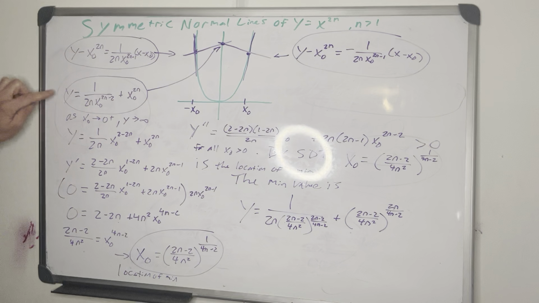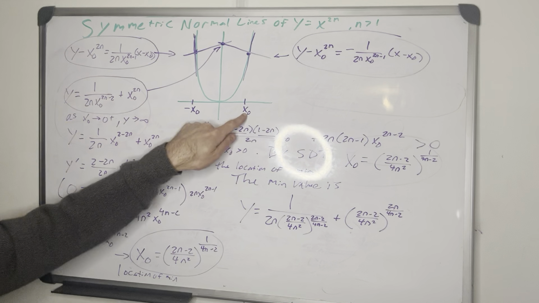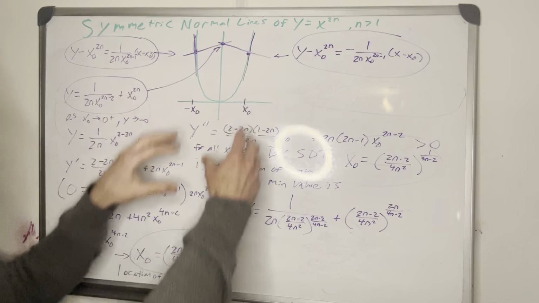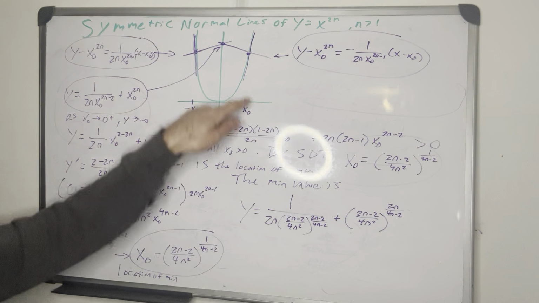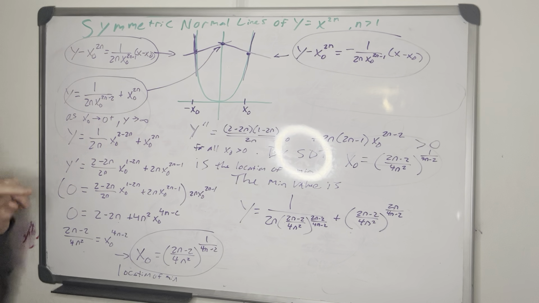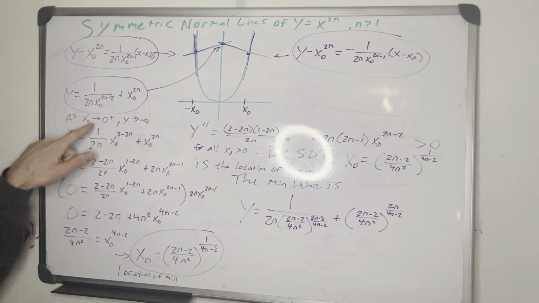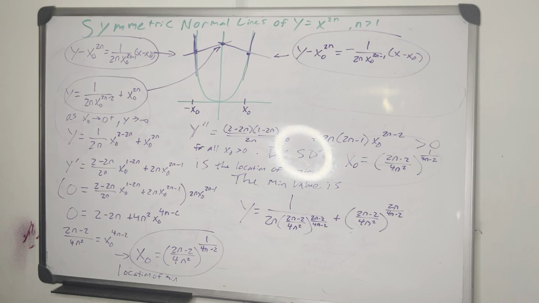Okay, so we're looking at the y-coordinate of this intersection point as a function of x0. When you have a fixed x0, you get this picture, and you get a particular y-coordinate that depends on the x0 you've chosen. As x0 approaches 0 from the right, y goes off to infinity, it blows up, but it does have a minimum.